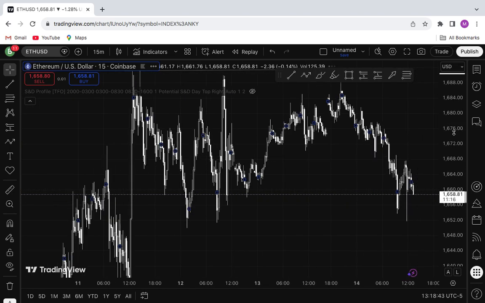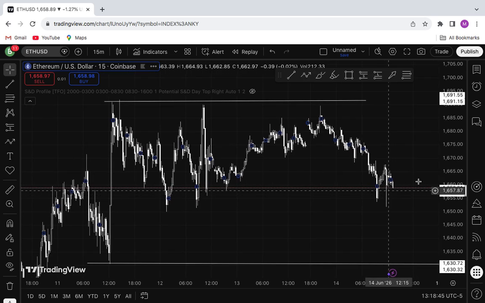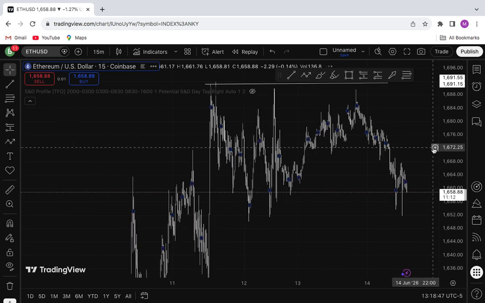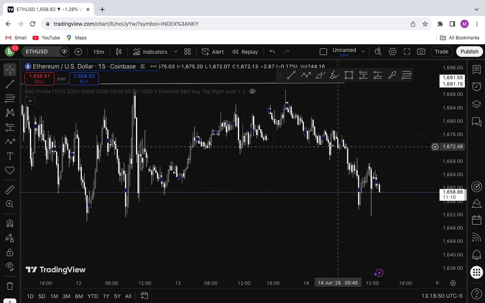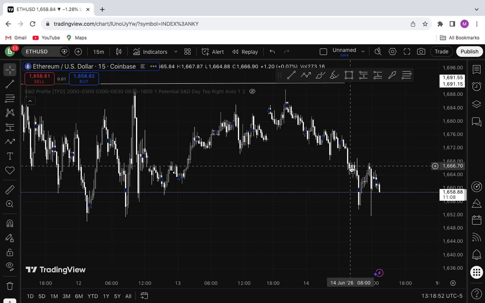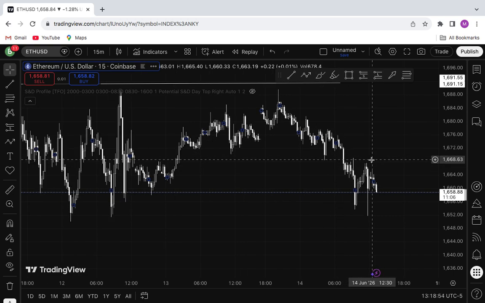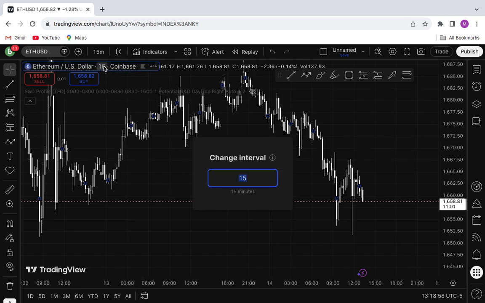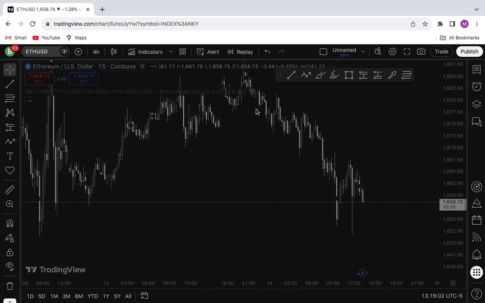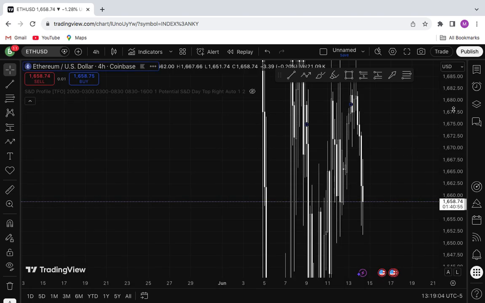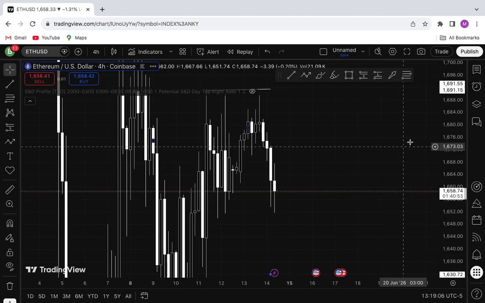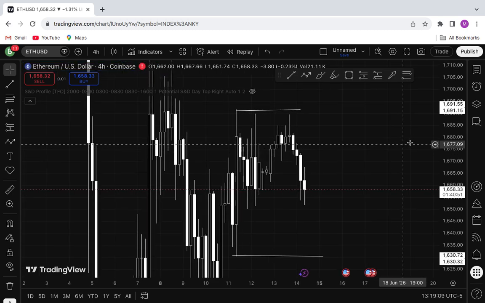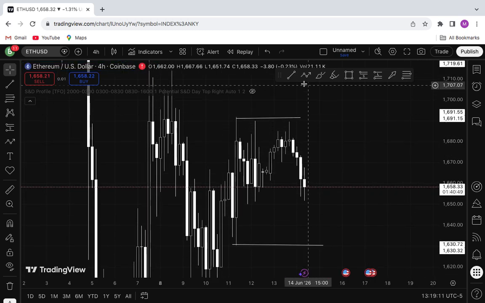Based on your 15 minutes, you have so many entries we could take, because price was giving you lower lows, lower lows, lower lows all the way here. But if you wanted to wait for a valid confirmation, this could be our valid confirmation. Let's go back to the 4 hours, and this could be a good confirmation for you to take your sell.